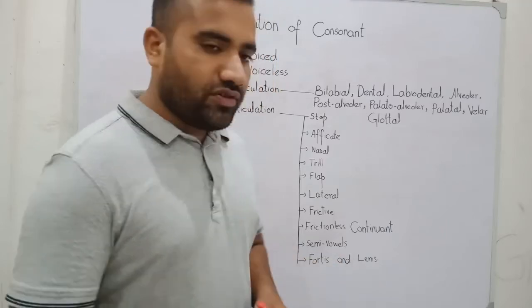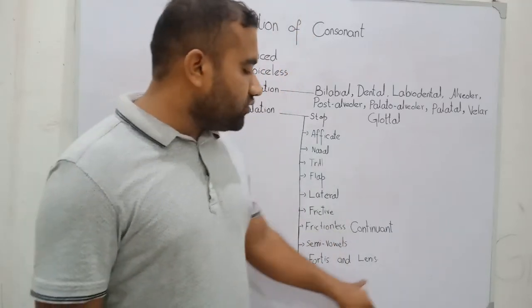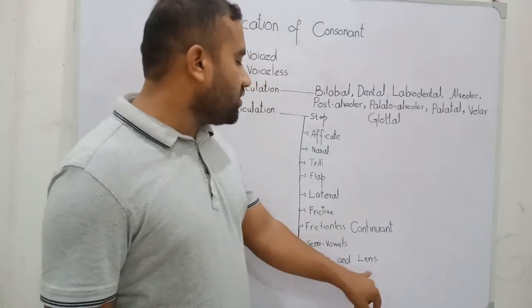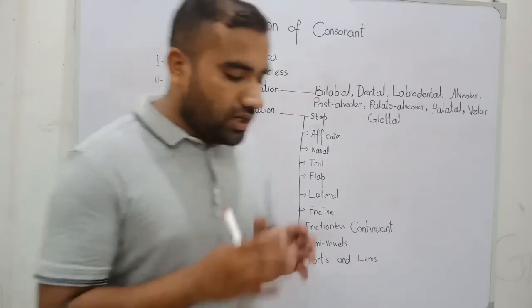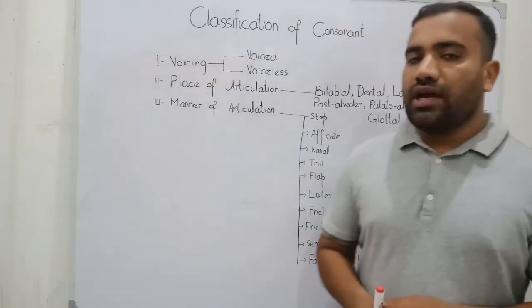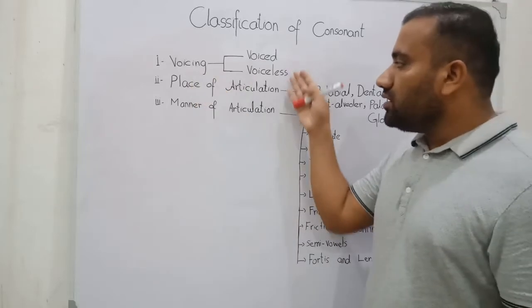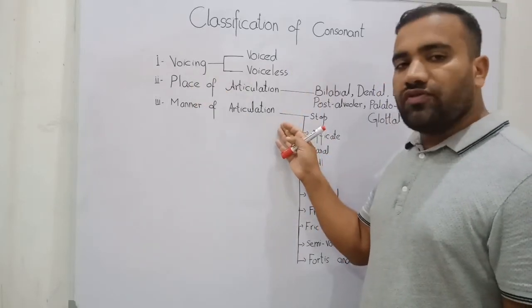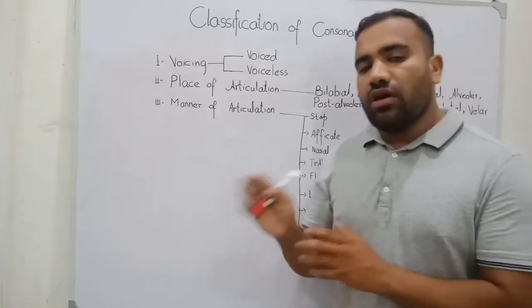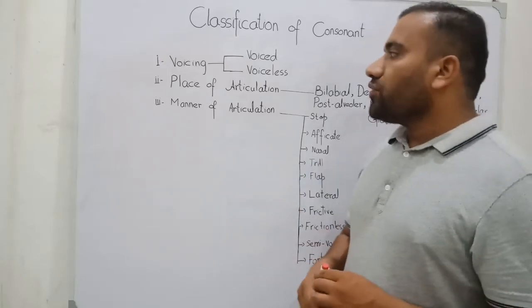Fortis and lenis. This is also a manner of articulation at which the sound is produced. In this way, we can say that there are three ways in which we can classify the consonant sound.